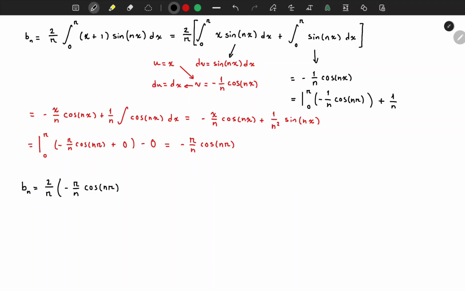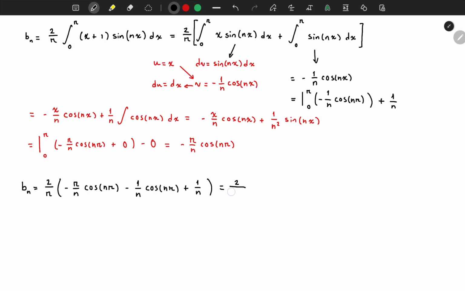And this is going to be subtracted by 1 over n cos n pi, and then plus 1 over n. So now what we can do is factor out a 1 over n.